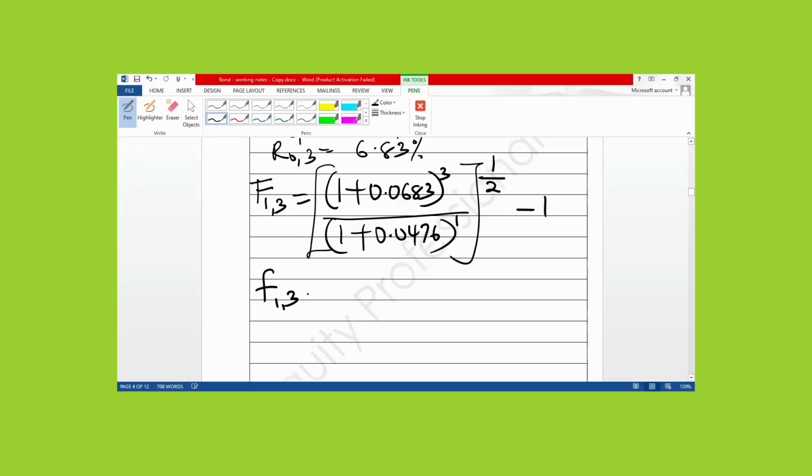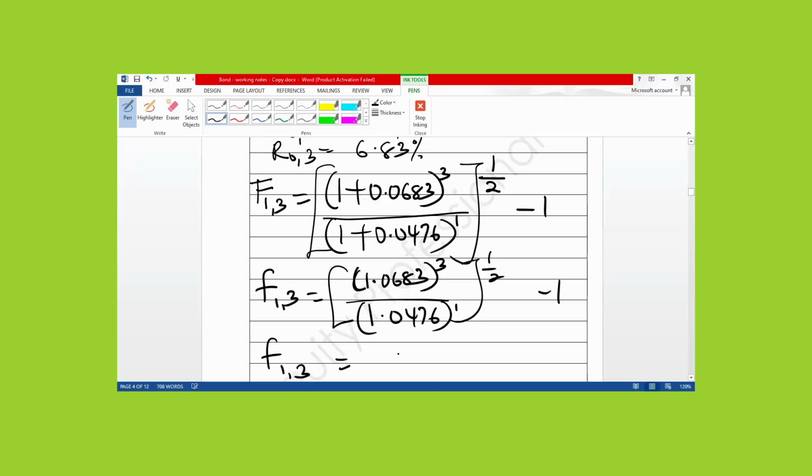F1 to 3 is equal to 1.0683 raised to power 3 over 1.0476 raised to power 1, everything raised to power half, minus 1. Please apply your calculator and give me the final answer. Your final answer will be 0.0783.